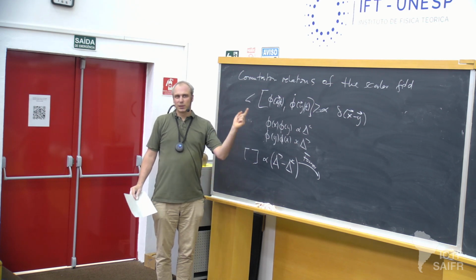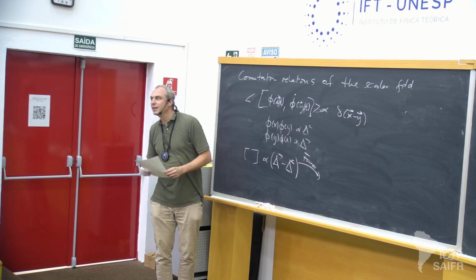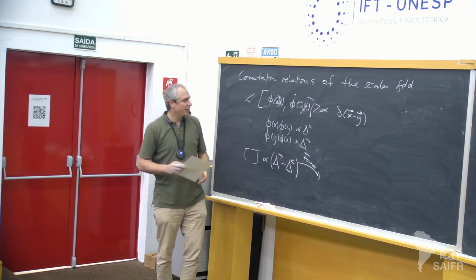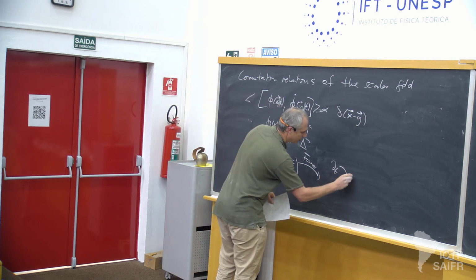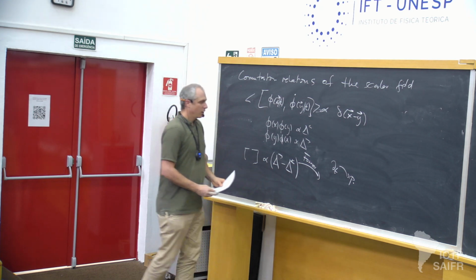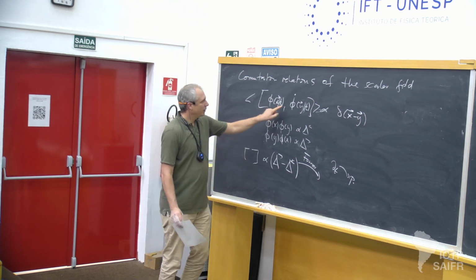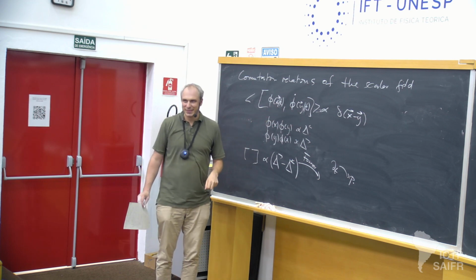What happens to derivatives in Fourier space? It becomes energy, right? So the time derivative becomes just a p0. Almost there, we just have one problem here. We have equal time, so how do you get equal time in Fourier space?